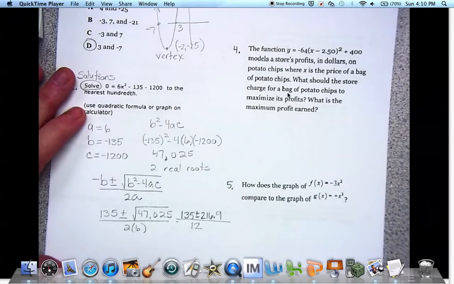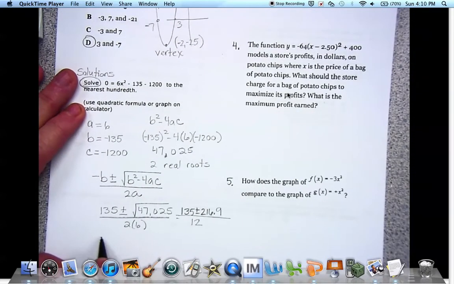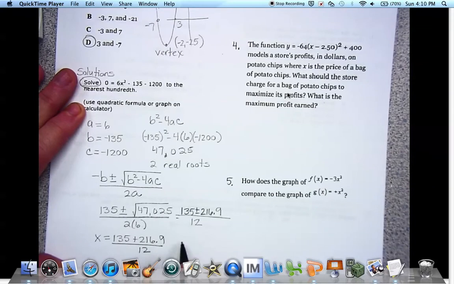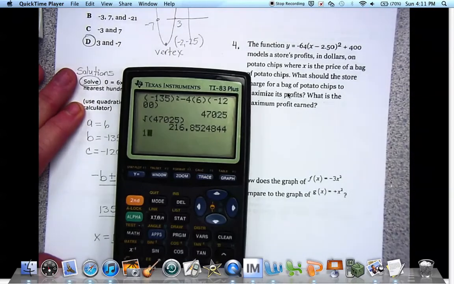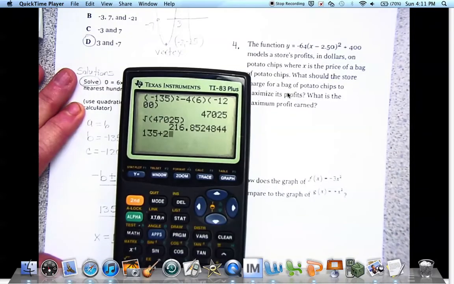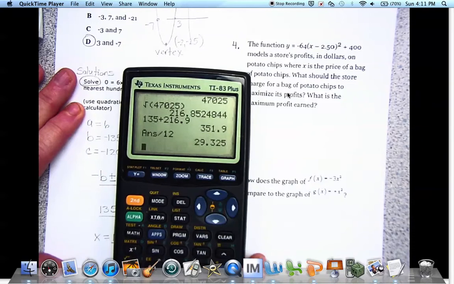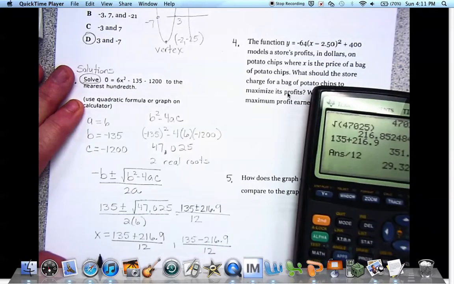Now we have two different answers: x equals (135 plus 216.9) divided by 12, and x equals (135 minus 216.9) divided by 12. Put that in the calculator: 135 plus 216.9, push equals, and then divide by 12. So 29.3.